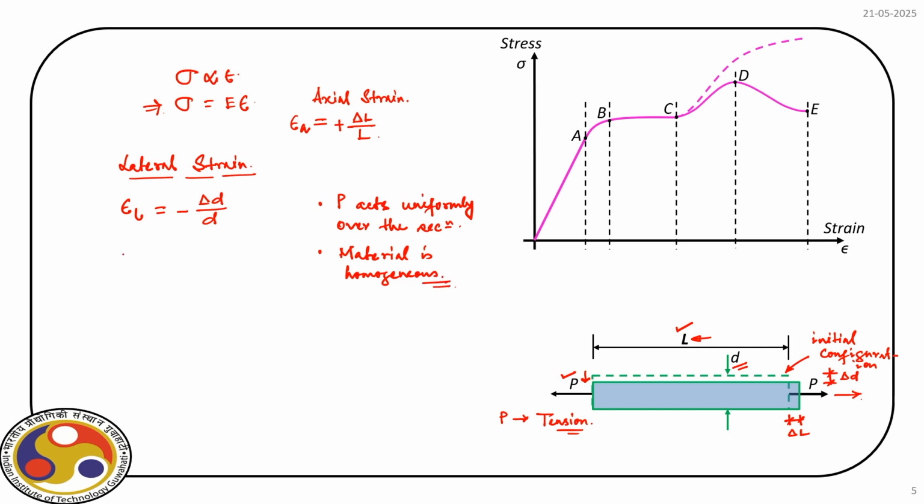Then we have two different strains, axial strain and this lateral strain. The ratio of these two is what is called Poisson's ratio. So, this is the ratio of lateral strain and axial strain.